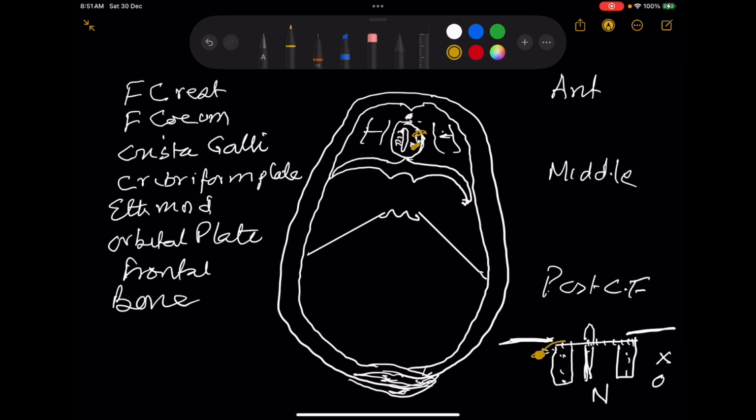So the anterior and posterior ethmoidal nerves pass through this into the anterior cranial fossa and enter the nose through the cribriform plate. So here you also have the anterior and posterior ethmoidal foramen.